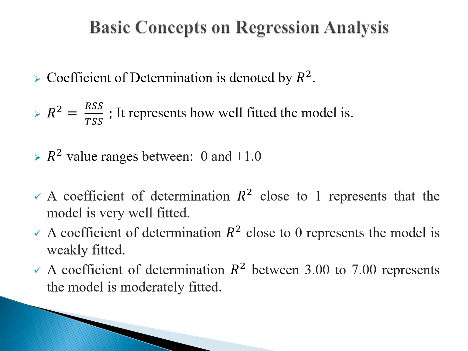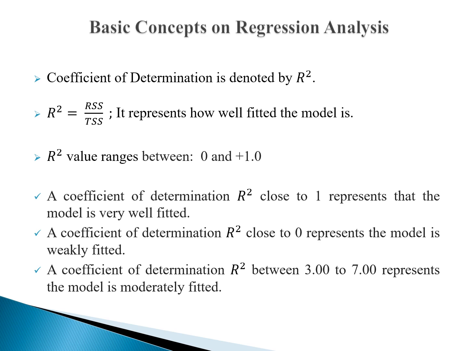You can obviously understand why it is between 0 and 1, because it's R square, so the value can never be negative. Now if the coefficient of determination R square is close to 1, it represents that the model is very well fitted. If R square is close to 0, it represents that the model is weakly fitted. And if R square is between 0.3 to 0.7, then it represents that the model is moderately fitted.